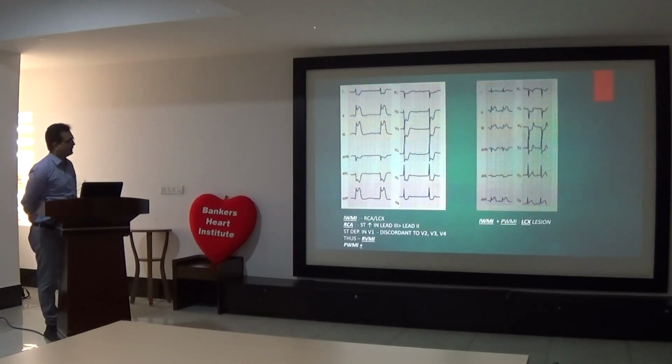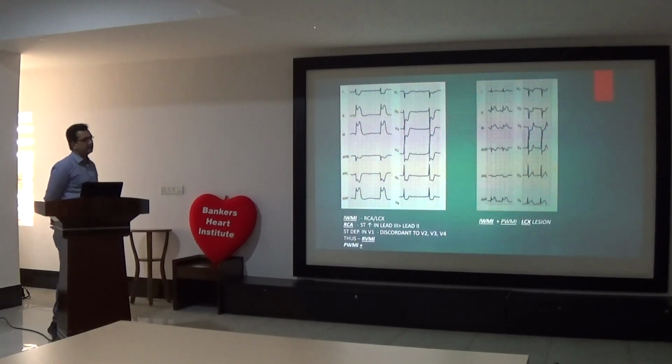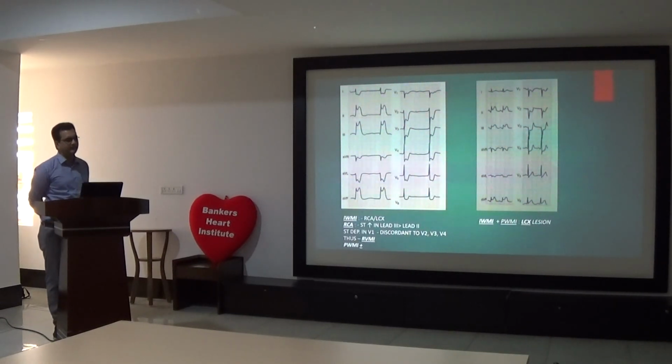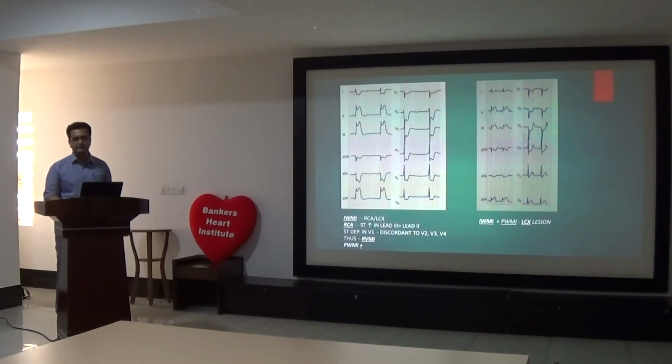So any rhythm disturbance is also suggestive of RCA involvement rather than LCX involvement, and you will always expect that in proximal RCA. Block and bradycardia: this patient may be hemodynamically highly unstable.